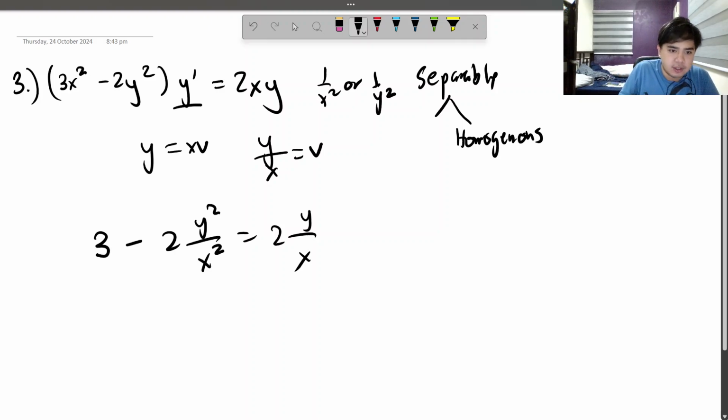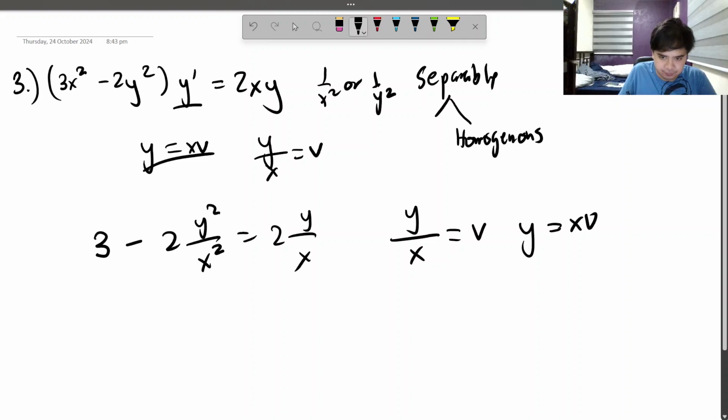Okay, now from here we can start substituting y over x equals v. And in order to isolate y prime, we need y. So y equals xv, just like that. Differentiating both sides, we get y prime equals v plus x v prime. This is the product rule.